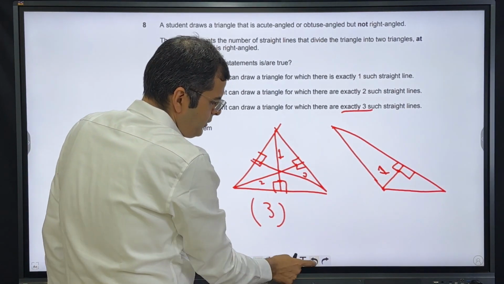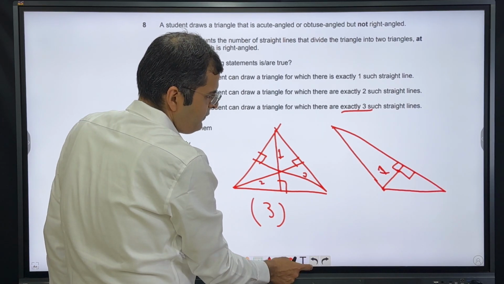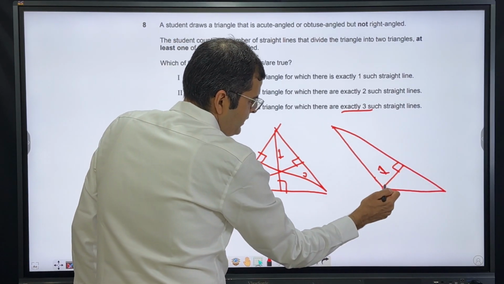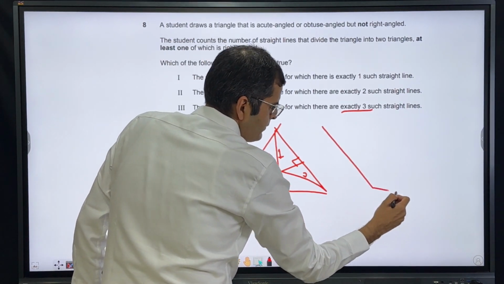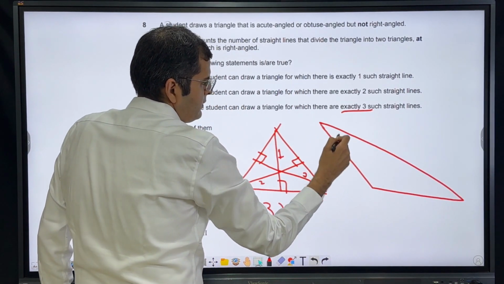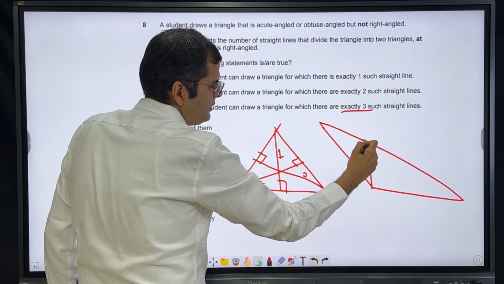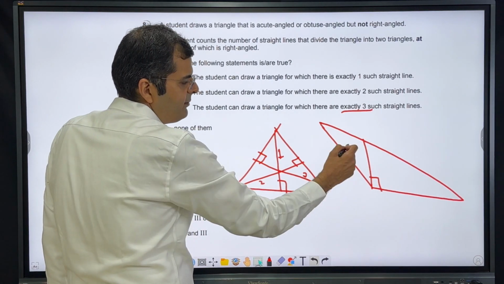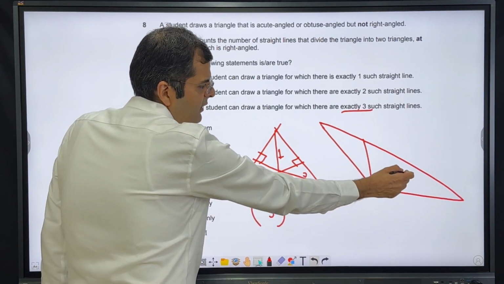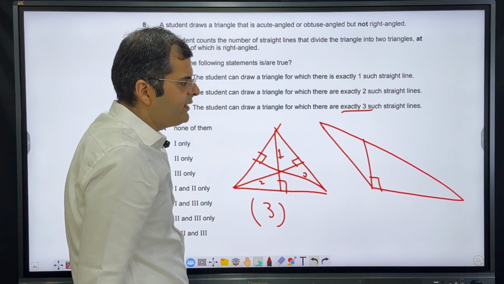But in this obtuse angle situation, let's say in this diagram here, from here if I draw this line like this, this is 90 degree. So again, I have this 90 degree, and I am dividing this triangle into two triangles such that one of them is 90 degree.